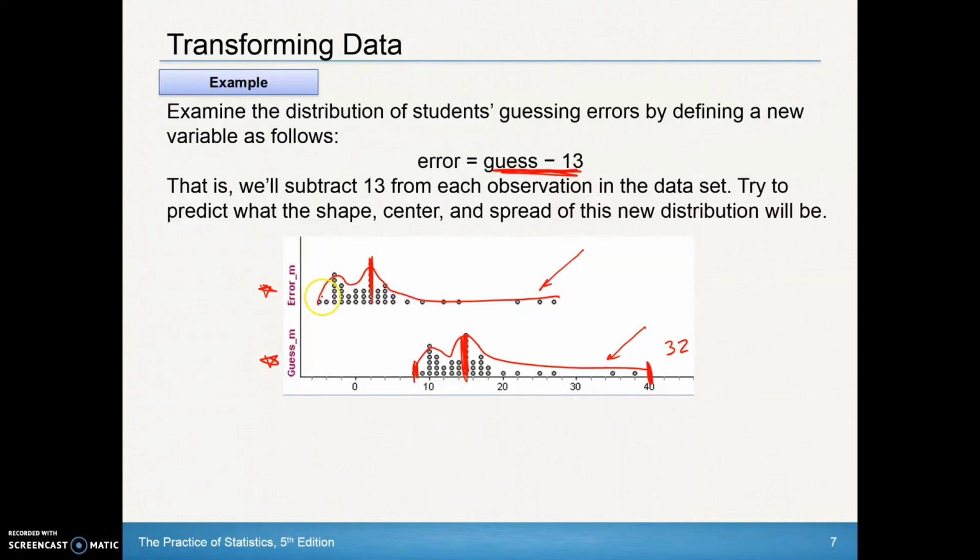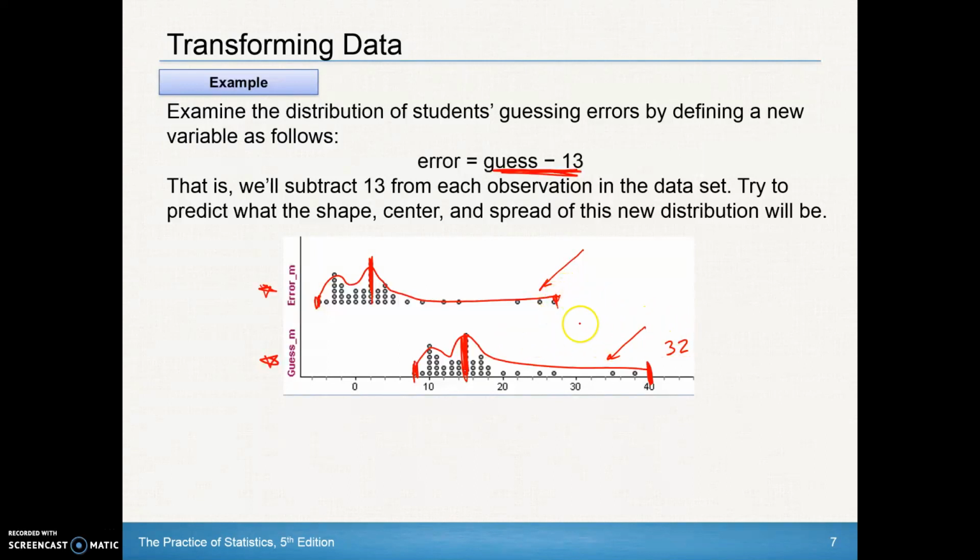This one here looks like it would go down to about -5, and this one here looks like it's about at 29, maybe 28. We have to do some measurement or some estimating there.